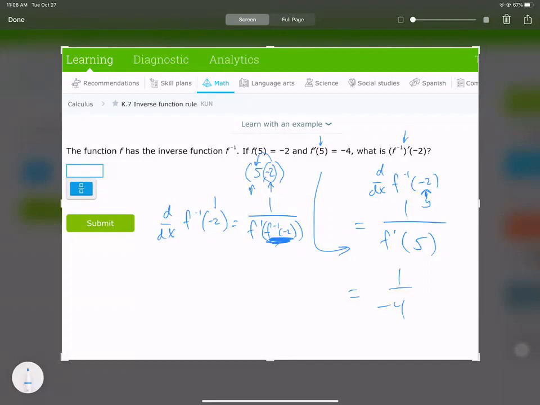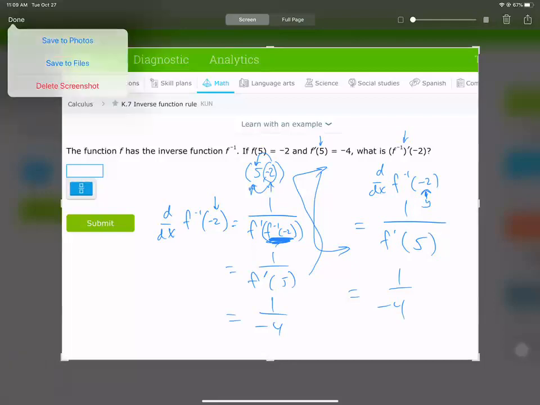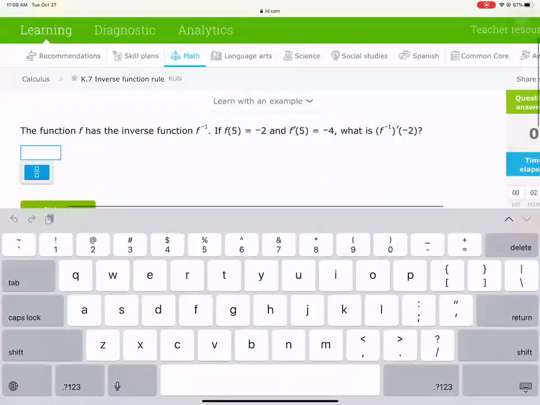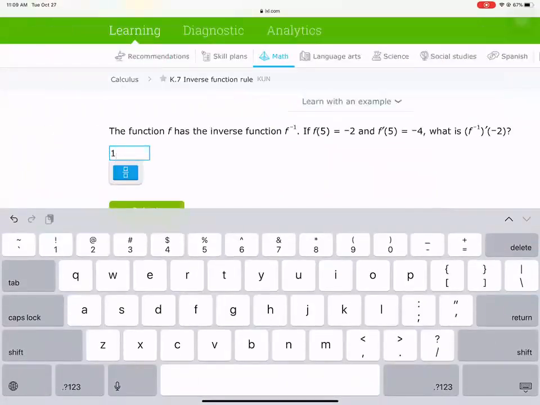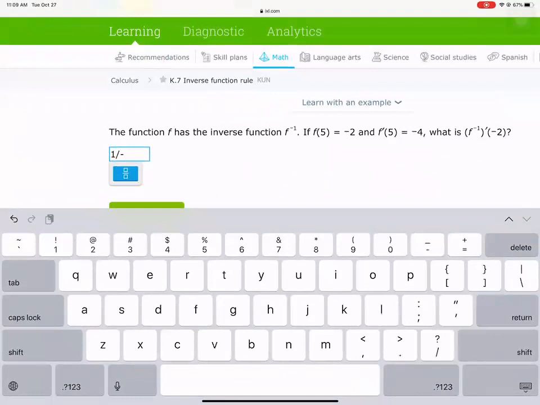So if I say undo negative 2, that should bring you back to 5. So this is really 1 over f prime at 5. And what is the f prime of 5? 1 over negative 4. One divided by negative 4.